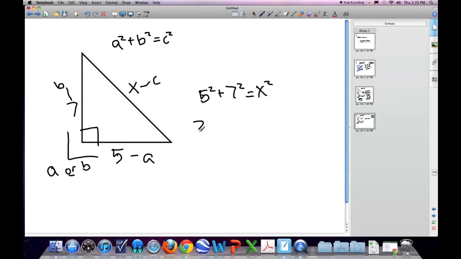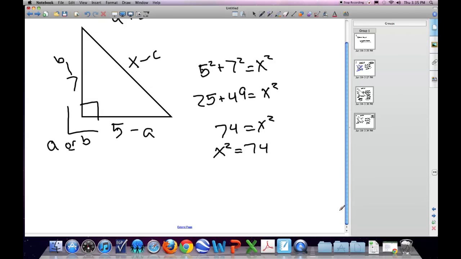And 5 squared is 25, plus 7 squared is 49, equals x squared. So 25 plus 49, 74. And then again, I'm going to switch the sides just so it looks a little bit nicer in the end.